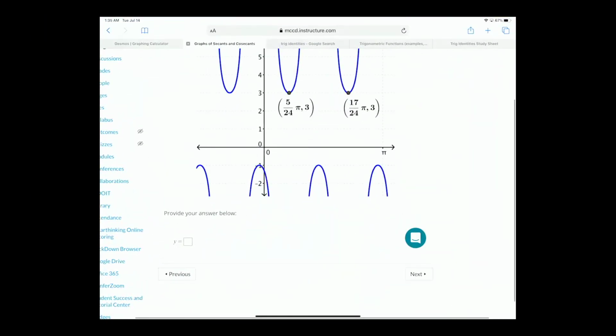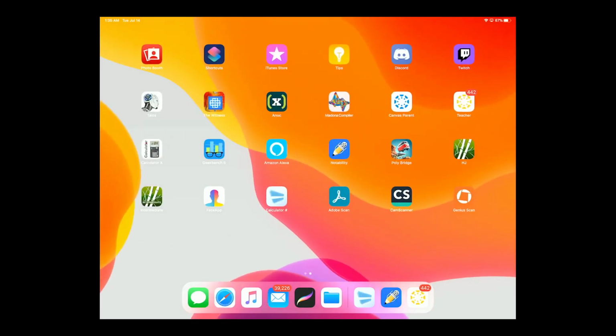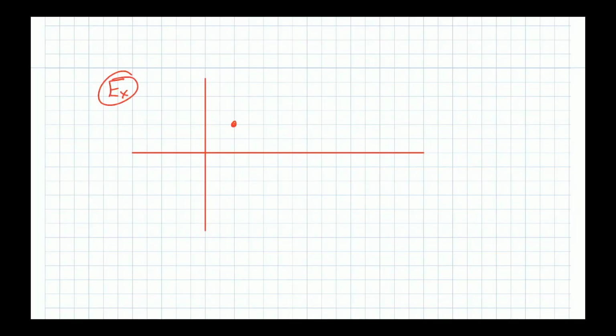What do we got? 5 pi over 24 comma 3. Can't write when it's this laggy.